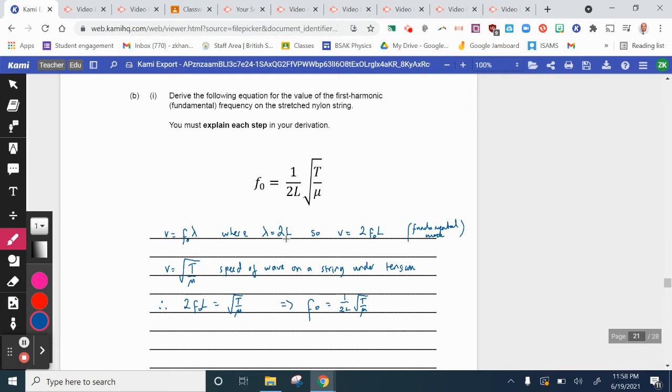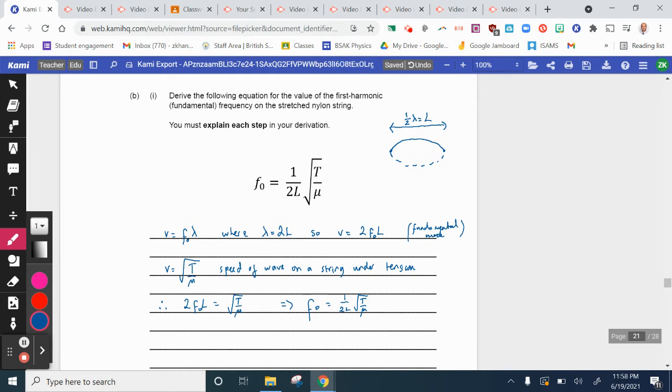So, if we remember the picture that we often see for two fixed ends for the fundamental mode of vibration, it looks like that. The distance between two nodes is equal to half a wavelength, and that is the length of the string.